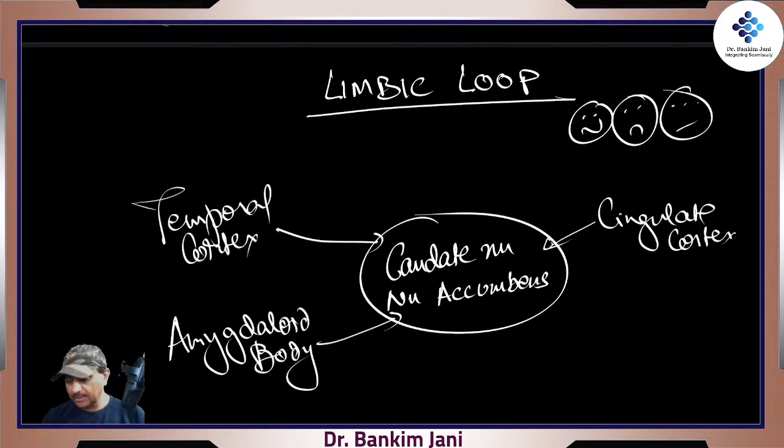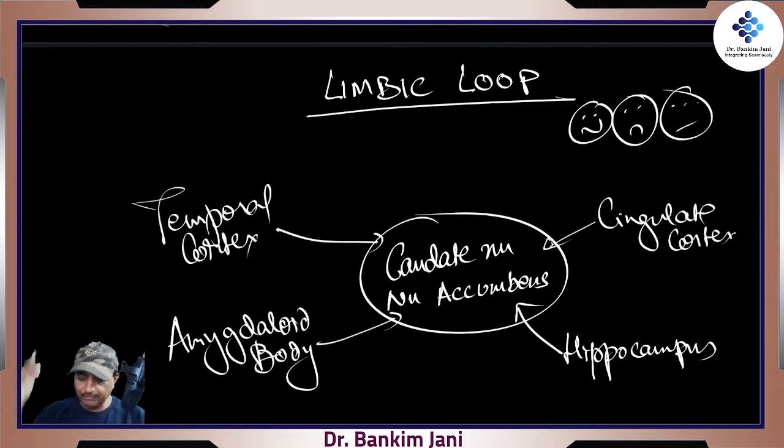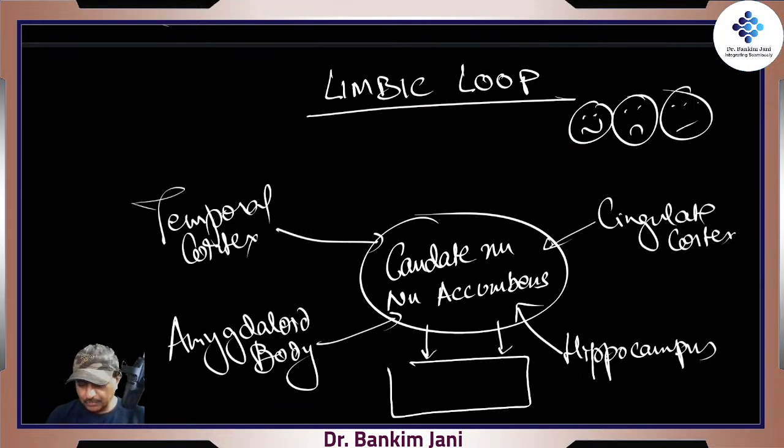Cingulate cortex, then hippocampus, all are associated with various emotions. Everyone feeds to the nucleus accumbens and the caudate nucleus, right? Then they will go to the big boss, the thalamus, right? Okay, this is what is to be done.